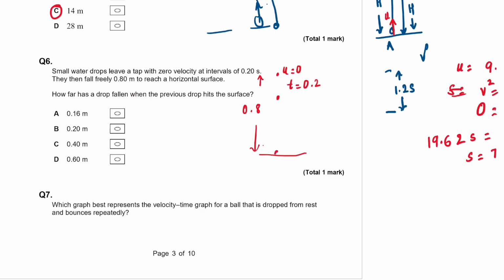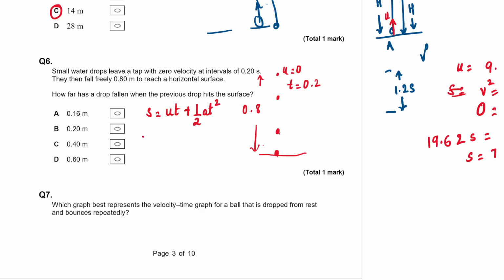So whenever any drop is hitting the surface, where is the previous drop? What we're going to see is how much time it takes to travel 0.8 meters. So I'm going to use s equals ut plus half at squared.